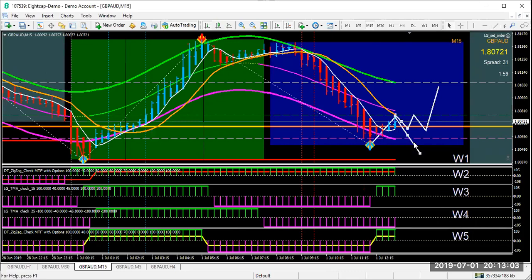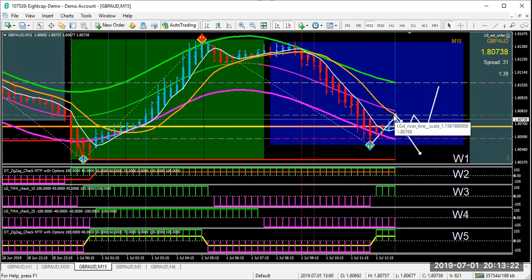The reason why this is turning up is because price action has come to the extreme and it's coming up. So this dotted blue vertical line should, at the end of this 15-minute candle, stay there. We'll see whether it's dotted.